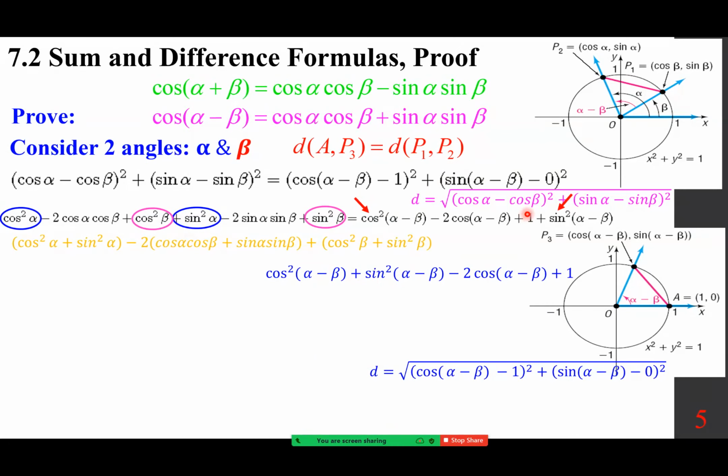This remains, this remains. So what you're looking at, this is 1, this is 1. On the left side, we have 2. This is 1. This is 1. On the right side, we also have 2.